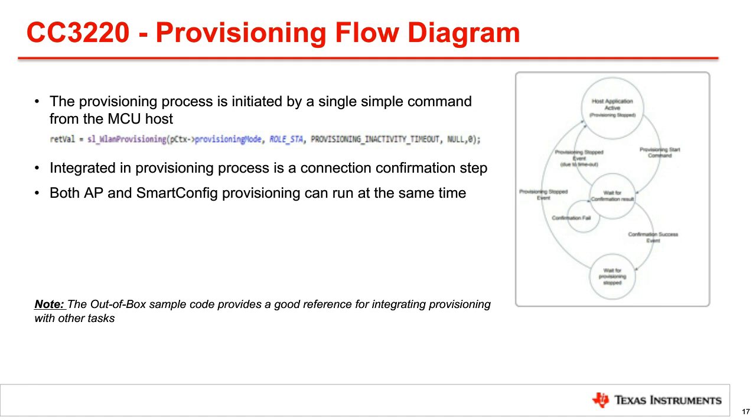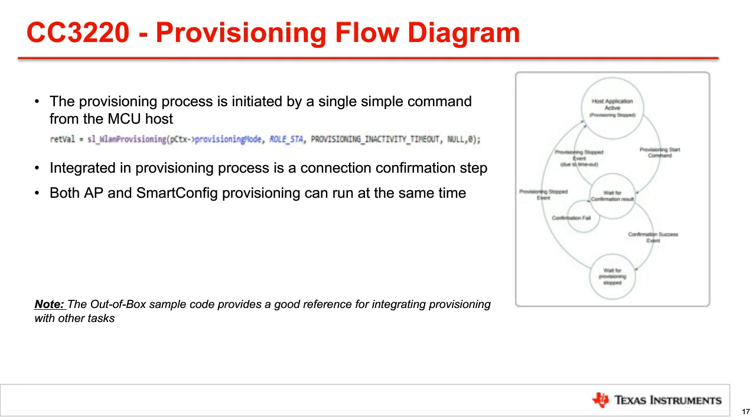Built into the provisioning process is a key step needed to ensure that the device receives the right network credentials and provides this feedback back to the user. We call this the confirmation step. The confirmation step helps to make sure that a user knows when the Wi-Fi gateway successfully connects to the intended network.